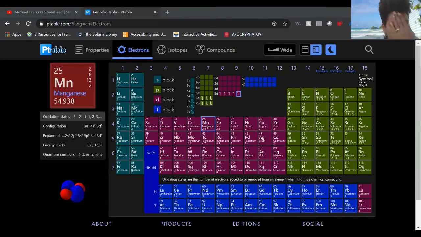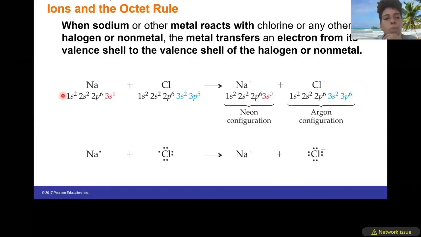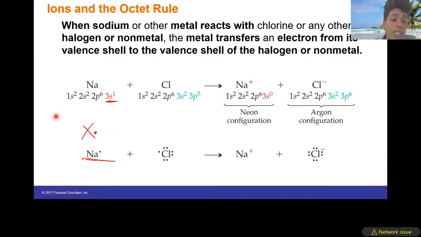So how does this reaction occur between a metal and a non-metal? Sodium is going to react with chlorine to form sodium ion and chloride ion. Notice that sodium, or any atom that's found in the 1A group or group 1, is going to have 1 valence electron.